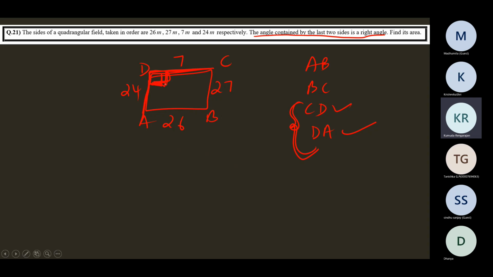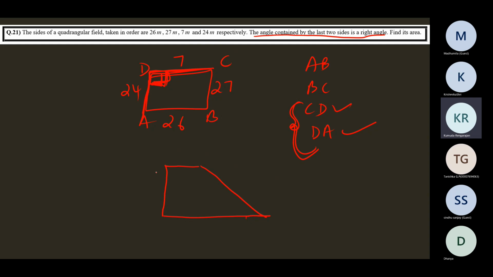This is 90 degrees. So now we'll modify the figure. 7 is small, so like this, and this is 90. So like this 24, and 26 is longer. So you can go like this, and maybe you can just join it like this. A rough figure. When you actually construct it, it may look different. We cannot do the real construction here.